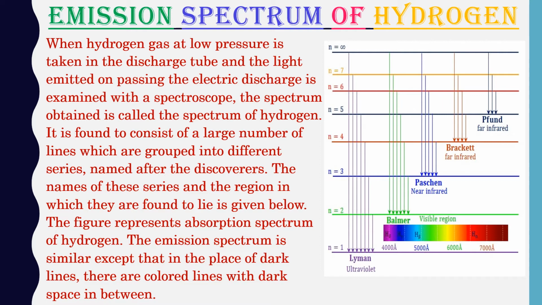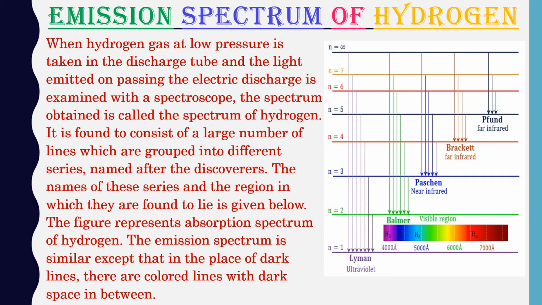So this is the line spectrum of hydrogen, which is obtained when hydrogen gas at low pressure is taken in the discharge tube and the light emitted on passing electric discharge is examined with a spectroscope. And we know that hydrogen being the lightest element, the number of lines produced in the spectrum is minimum.